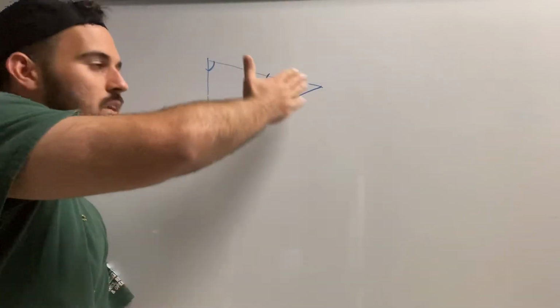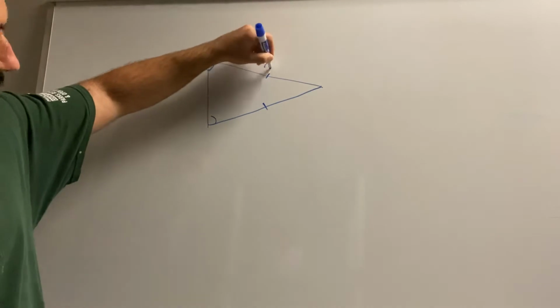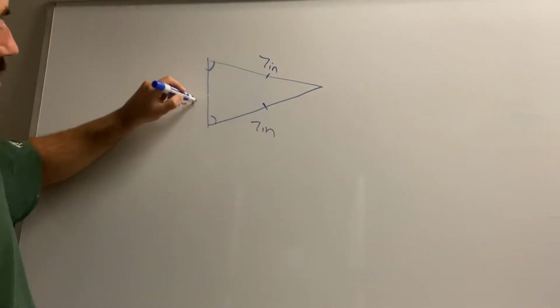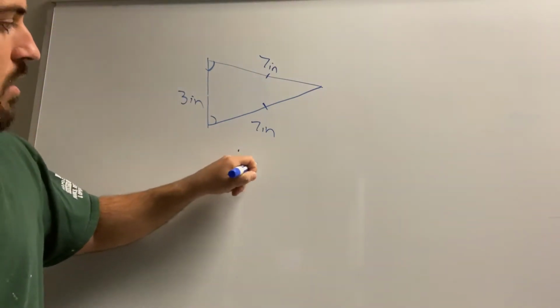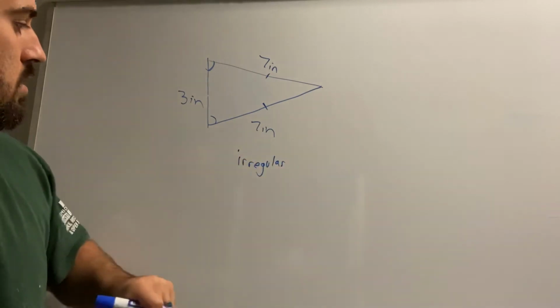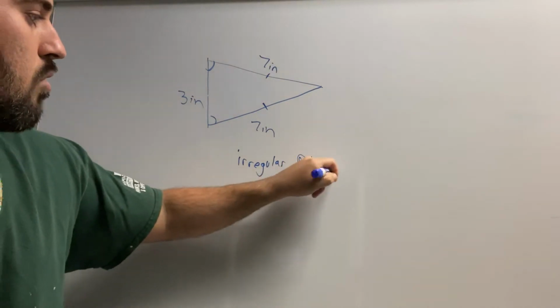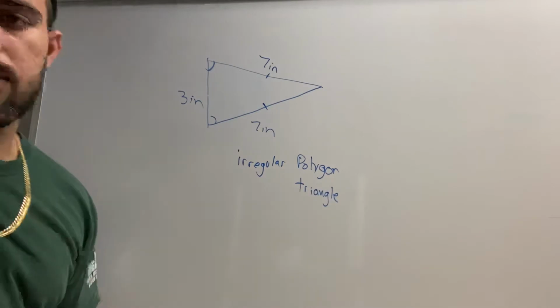So since not all of the sides are equal, let's just say this would be 7 inches, this would be 7 inches, and this would be 3 inches, right? Just an example. I can tell that this would be an irregular polygon, or an irregular triangle. All right?